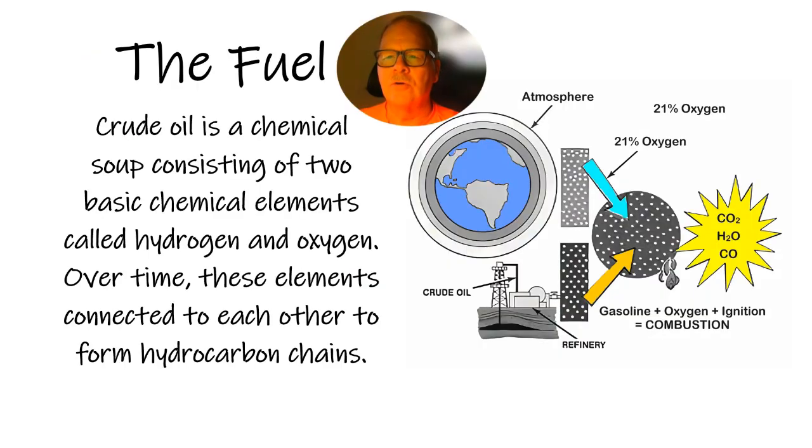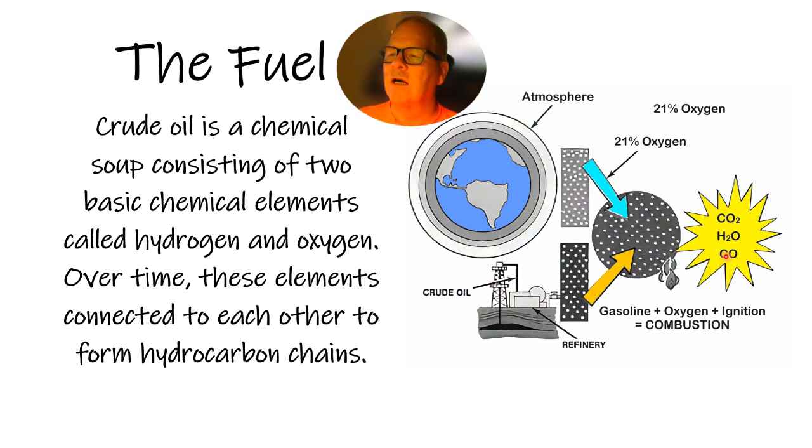Alright, crude oil is a chemical soup. 2 basic chemical elements, hydrogen and carbon, and over time they connect to each other to form hydrocarbon chains. And so you've got 21% oxygen in the atmosphere, right? Whenever you've got this combustion that takes place, you get CO2, H2O, and CO. That's if it's perfect combustion.